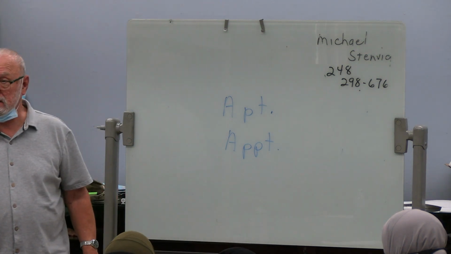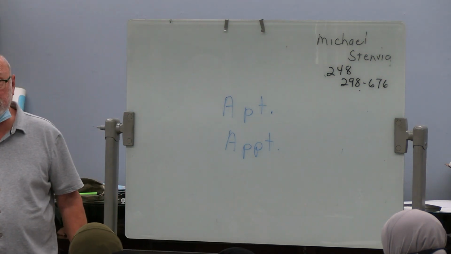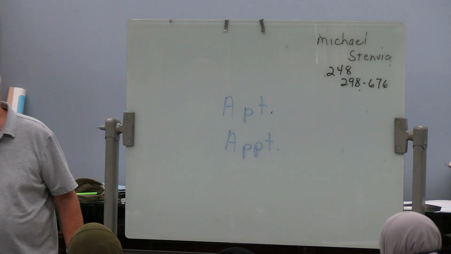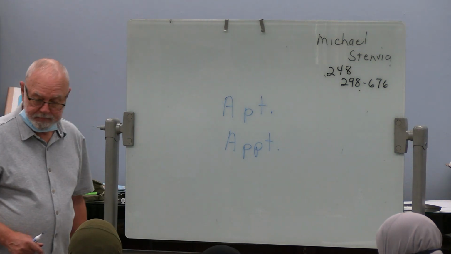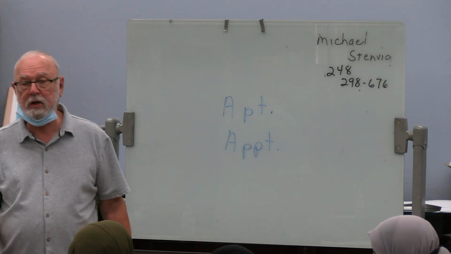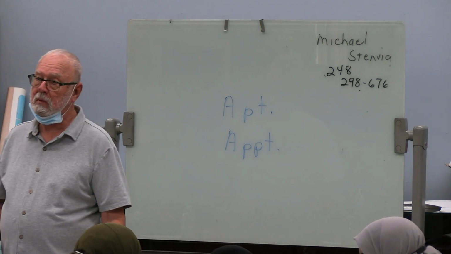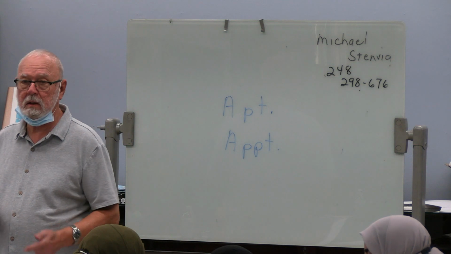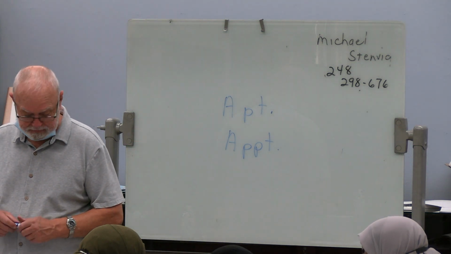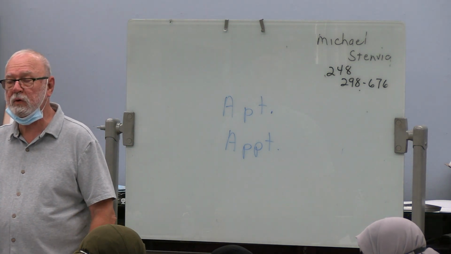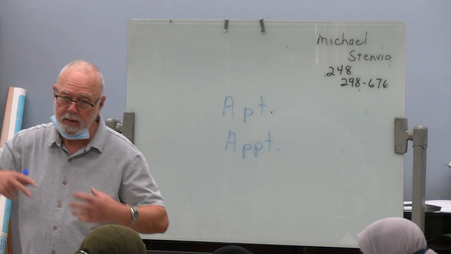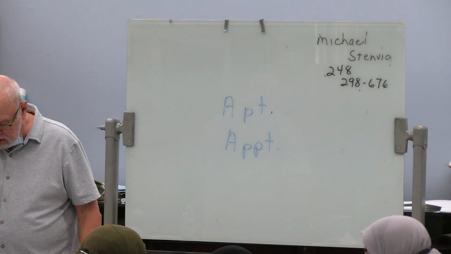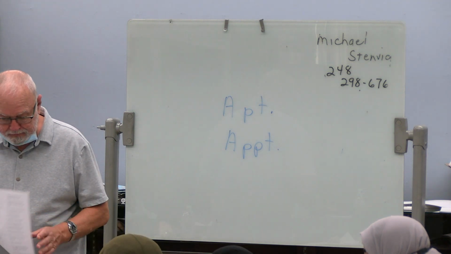Appointment. A time for a meeting is called an appointment. A time to see your doctor, to talk to somebody, an appointment. Many of you tell me that I can't come tomorrow because I have an appointment. Okay, nice job.